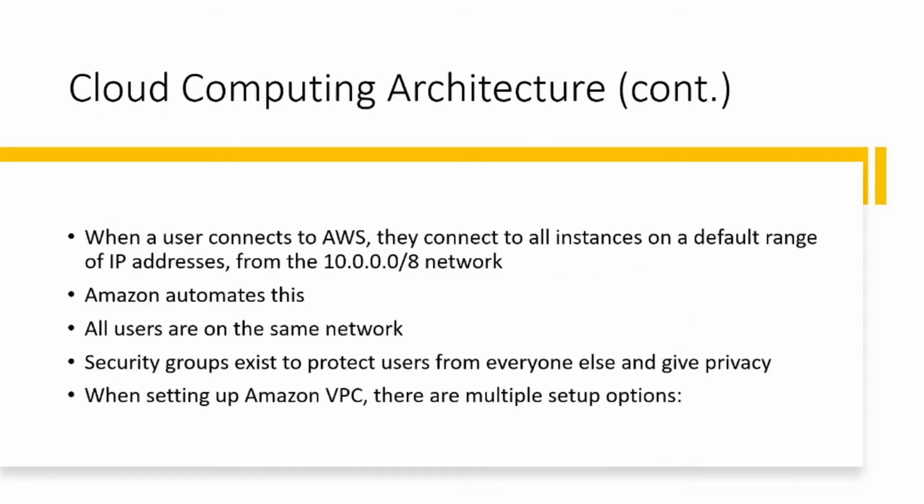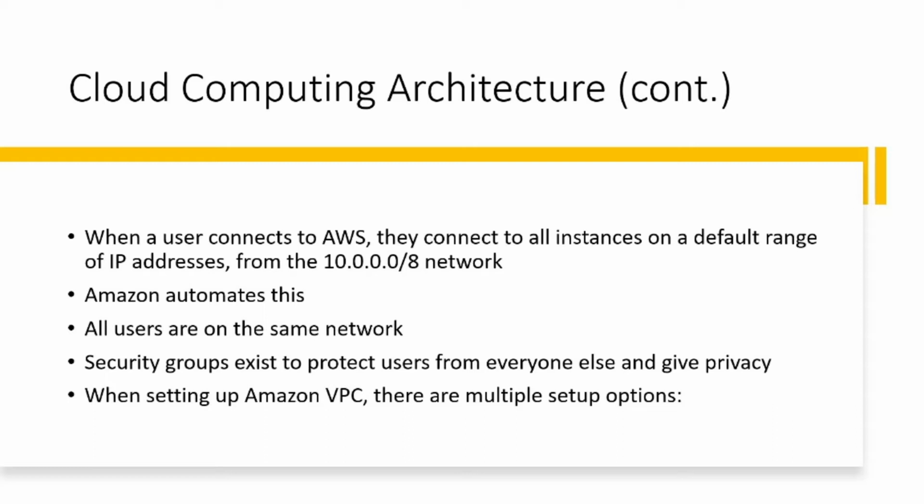So continuing on with the cloud computing architecture, when a user connects to AWS, they connect to all instances on a default range of IPs from the 10.0.0.0/8 network. Amazon automates this. So if you just want to use AWS, you just want to put some data in an S3 bucket, you don't have to go to this length.